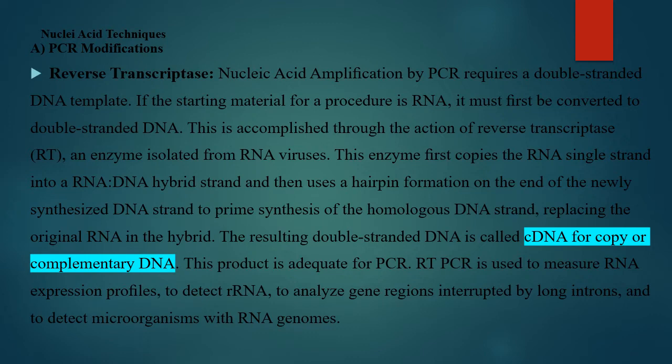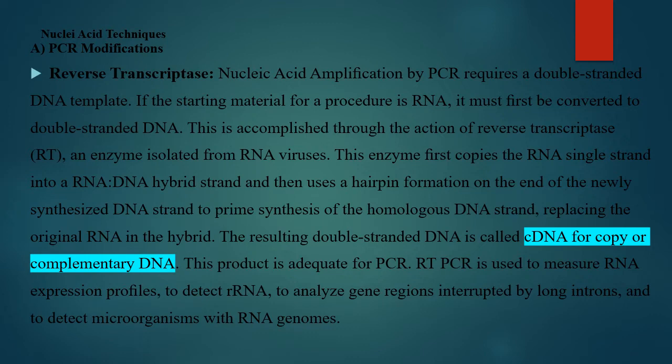You know the transcription process, or the transcriptase, that's DNA to RNA, but the reverse transcriptase, that's RNA to DNA. This enzyme first copies the RNA single strand into an RNA-DNA hybrid. So a double strand is an RNA-DNA hybrid strand. And then it uses a hairpin formation on the end of the newly synthesized DNA strand to prime synthesis of the homologous DNA strand, replacing the original RNA in the hybrid.